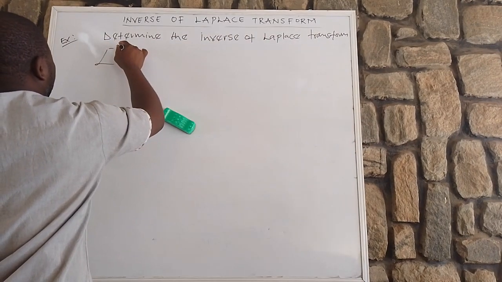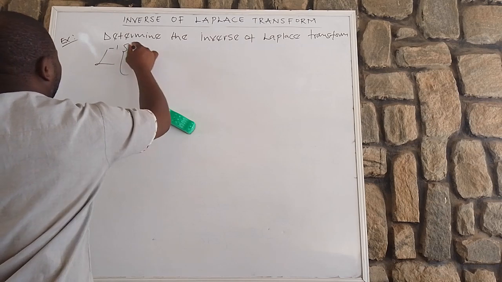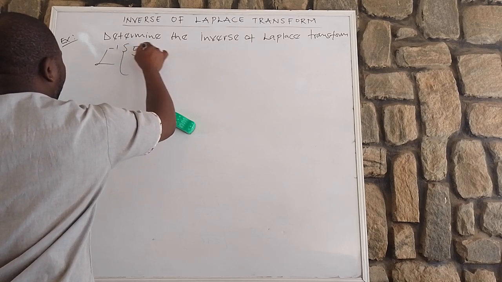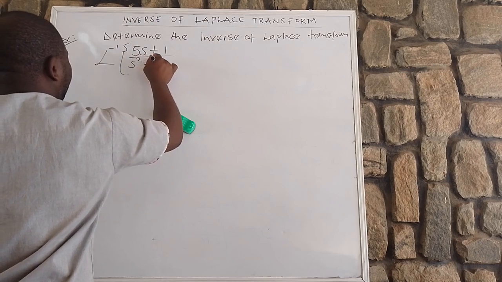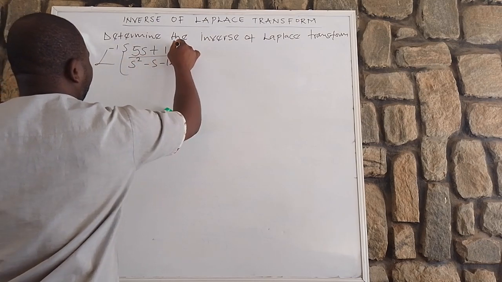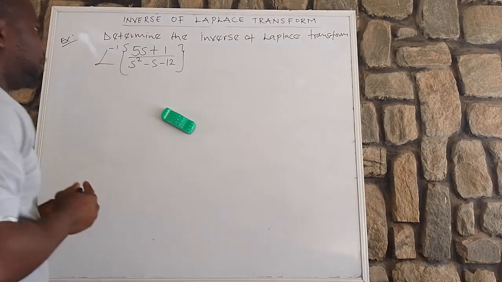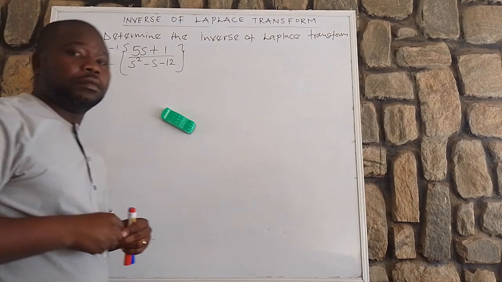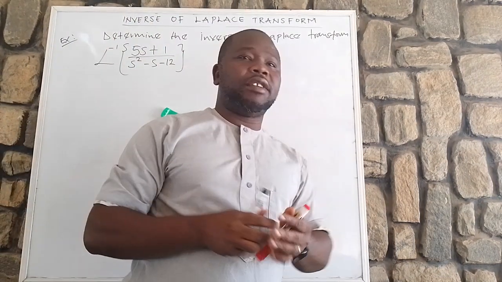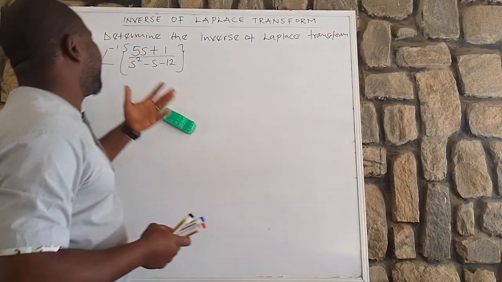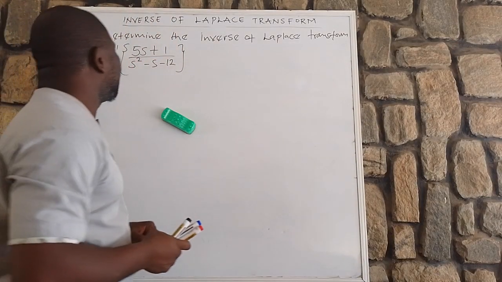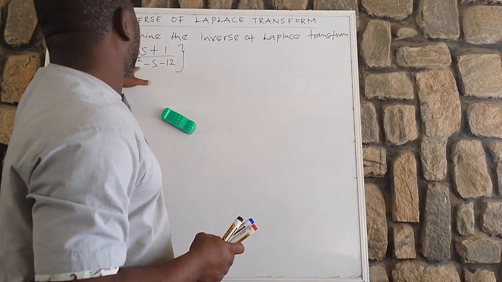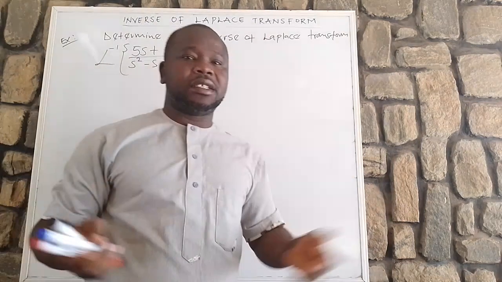Laplace inverse of (5s plus 1) all over (s squared minus s minus 12). Okay, so let us ask ourselves, how can we determine the inverse of this Laplace transform? It's simple as ABC.